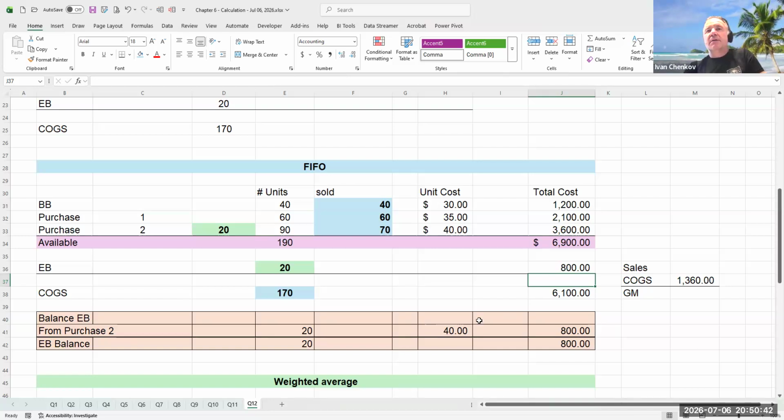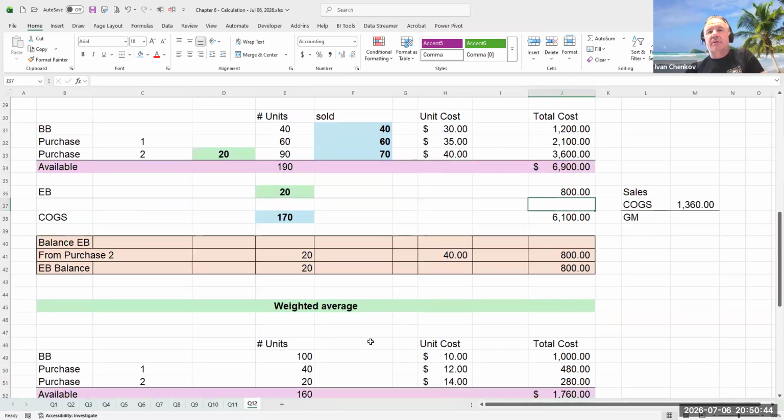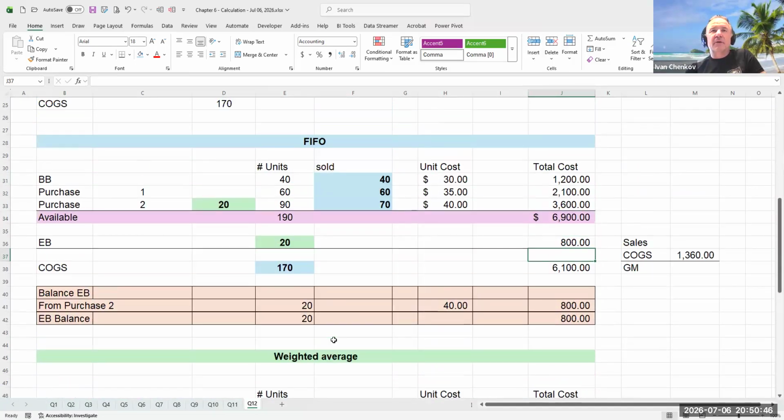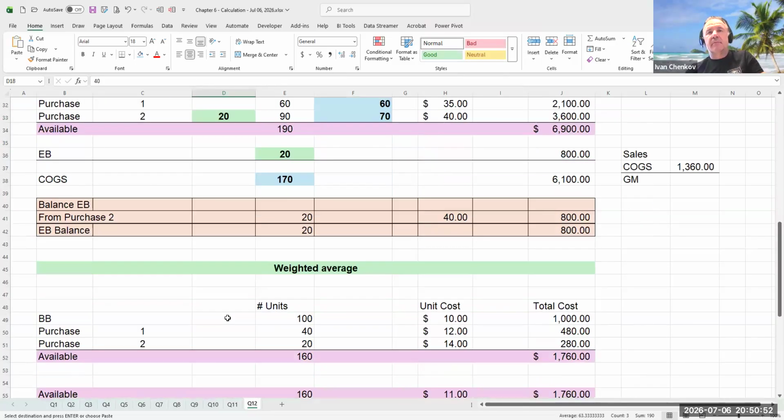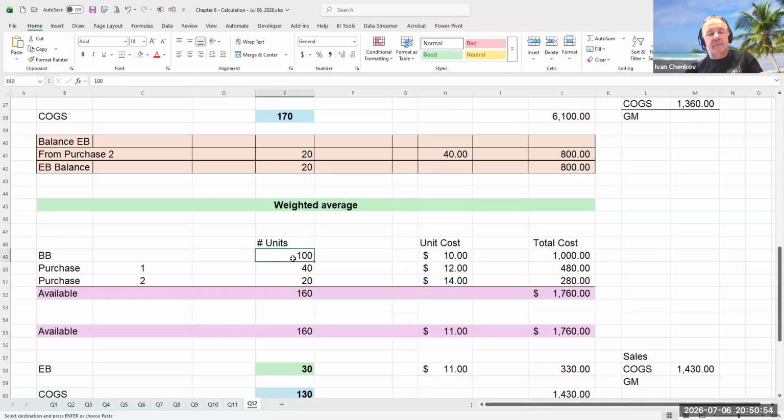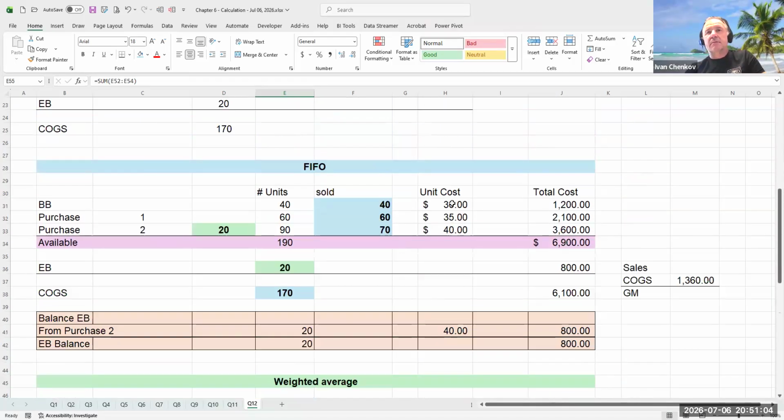Excellent. Now let's move to the weighted average. What do we need? Number of the units again. Let's copy the number of units. We have 190 units available. Cost. We have the cost.